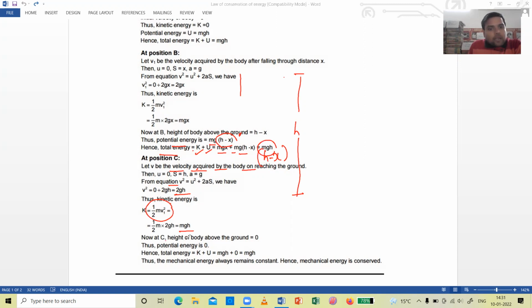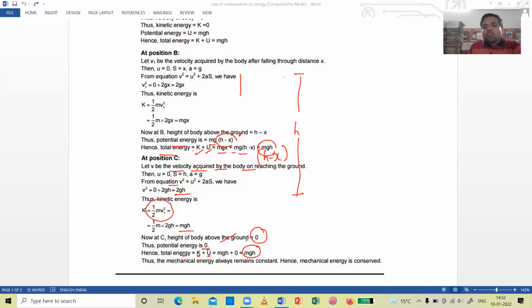Now at C, the height of the body from the ground is going to be 0. Thus the potential energy is 0, because the height from the ground is 0. Hence the total energy, the sum of kinetic energy and potential energy, is again equal to mgh.